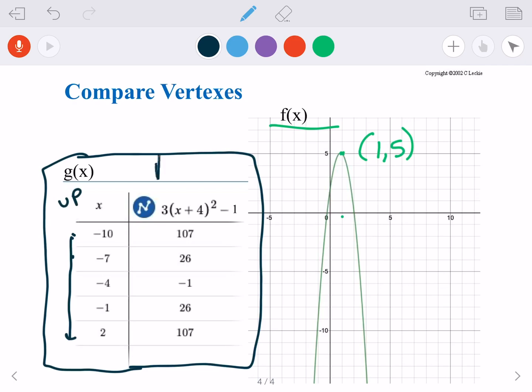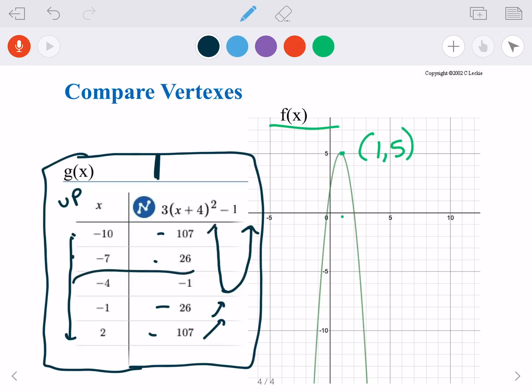It starts really large, like 107, and it goes down to 26, to -1, and then it starts to go back up again, and then higher. These are the same distance, so it kind of looks like this right here.